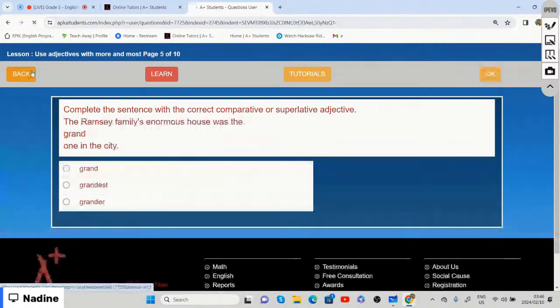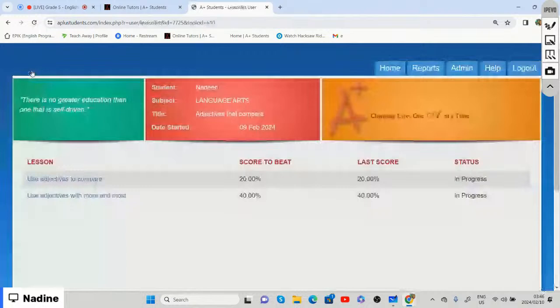All right. So this is the end of our lesson on adjectives that compare. We said adjectives compare people, places, or things. If you compare one person, one thing, or one place to another, then we add er to our word.